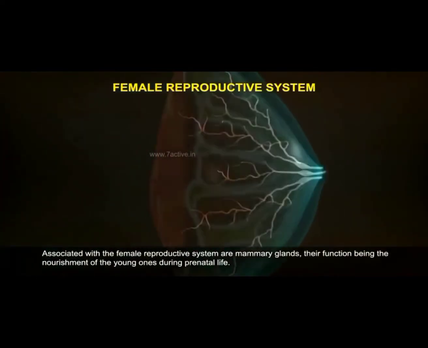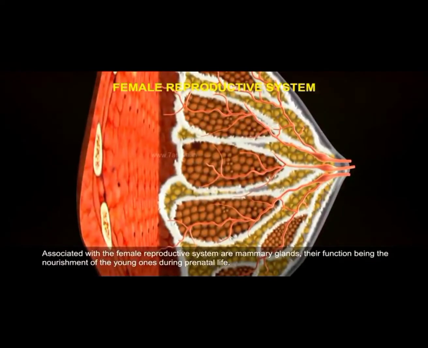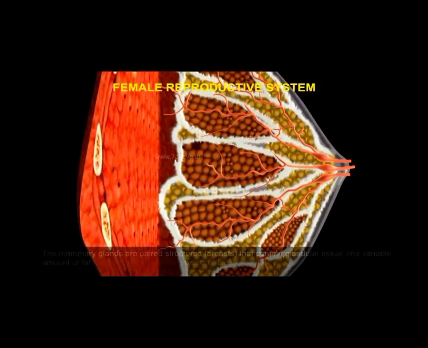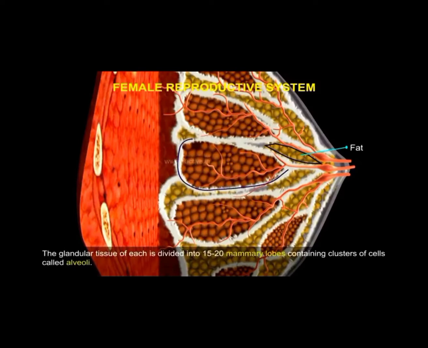Associated with the female reproductive system are mammary glands, their function being the nourishment of the young ones during postnatal life. The mammary glands are paired structures, the breasts, that contain glandular tissue and a variable amount of fat. The glandular tissue of each is divided into 15 to 20 mammary lobes containing clusters of cells called alveoli.